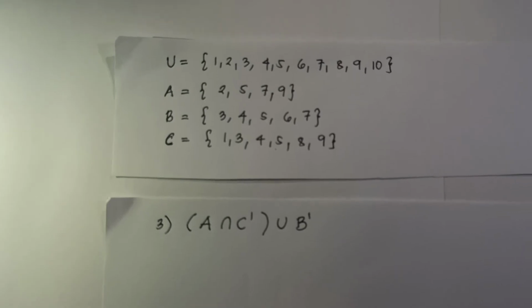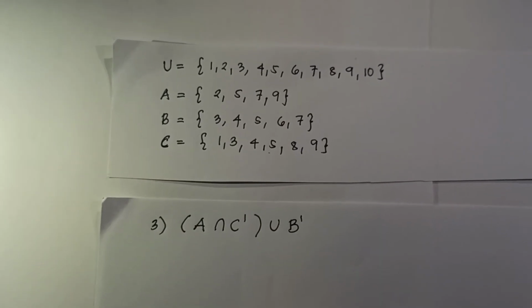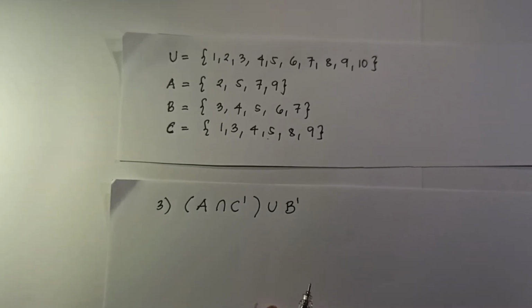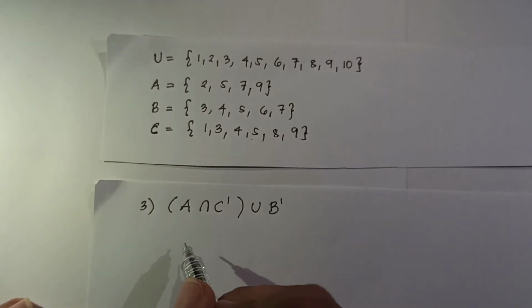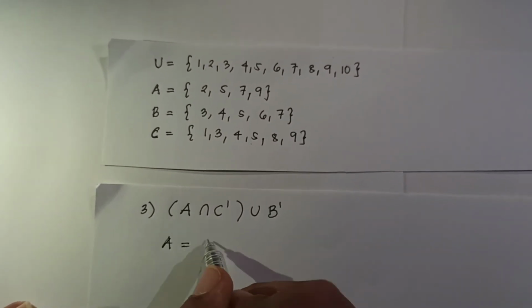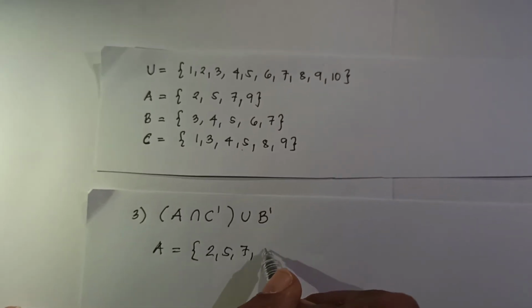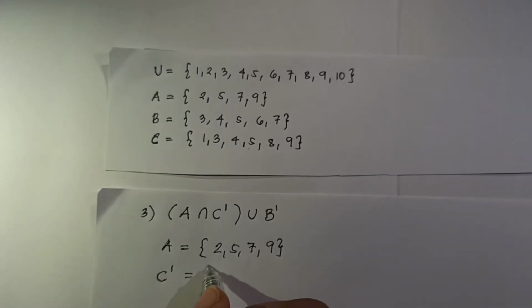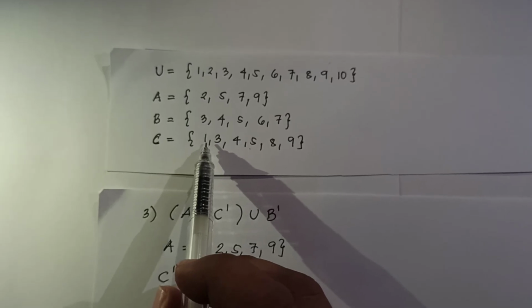Okay, so we are now in number 3. So A intersection of C prime union of B prime. So first, we are going to copy A: 2, 5, 7, and 9. Next is C prime. So ano po ang wala sa C?